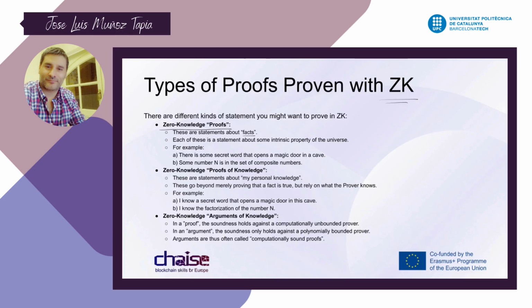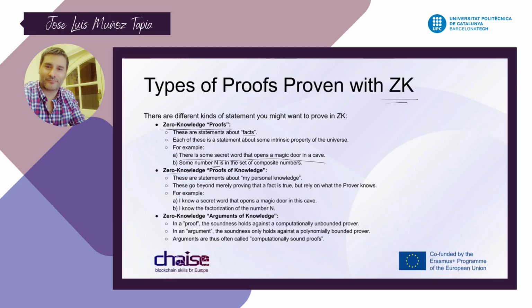So, for example, in our example, there is some secret that opens this magic door in the cave, or that n is a set of some composite numbers. Whatever, this is a proof about something that is true or not true in general.